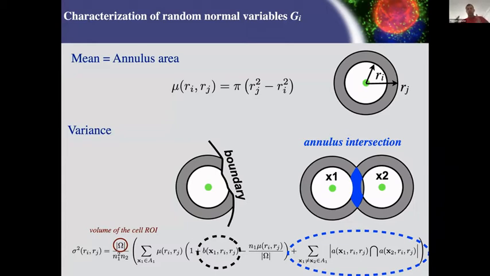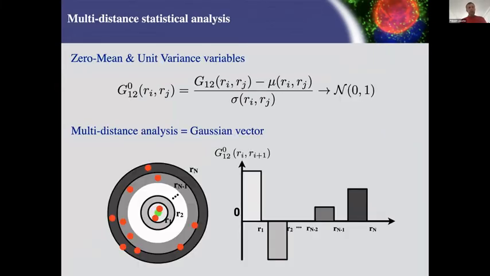So this is an interaction term. It's quite complicated, but at the end of the day, you have a zero mean and unit variance variable. So in each annulus, if there is no coupling, each reduced number of molecules is just going to follow a standard Gaussian law.